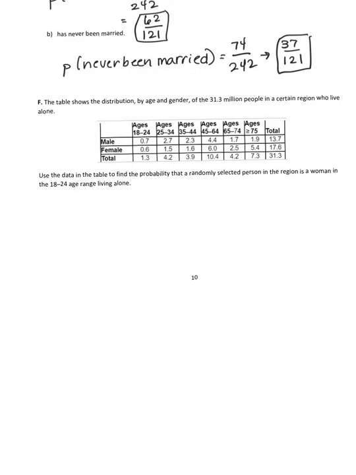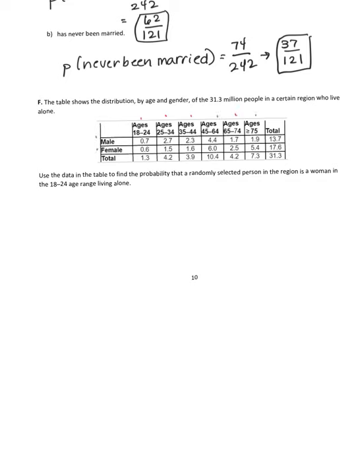Let's look at the next and last question. The table shows the distribution by age and gender. We're looking at male and female of the 31.3 million people in a certain region who live alone, broken down by ages and male and female.